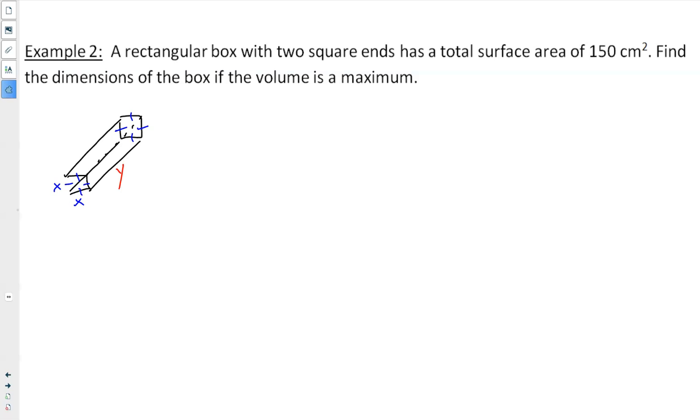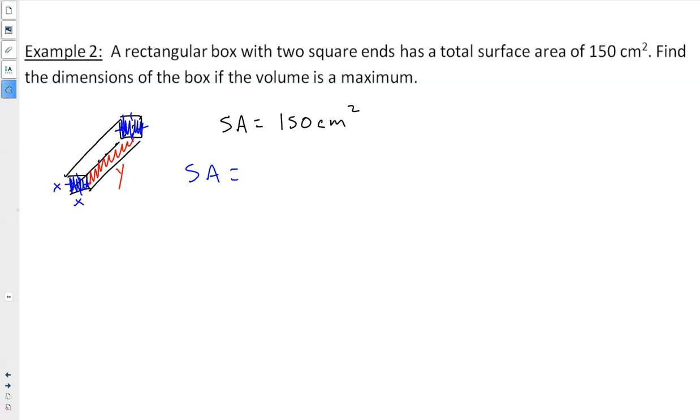If it has a total surface area of 150 square centimeters, so surface area is 150 centimeters squared. And to find the surface area of a rectangular box, it is going to be this blue side plus that blue side, and we're going to be adding the red surface area to that as well, right?